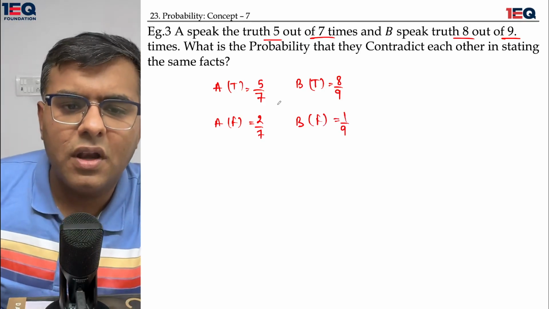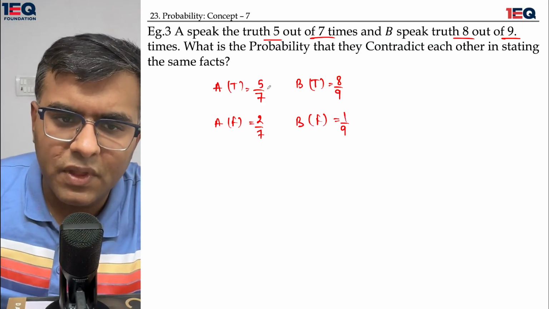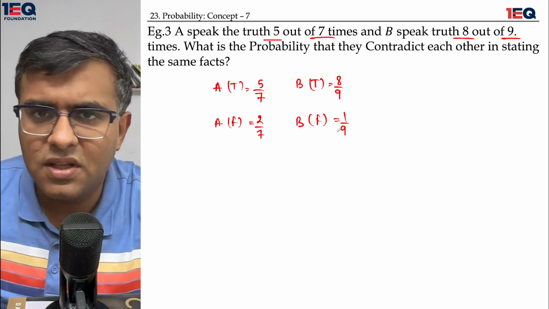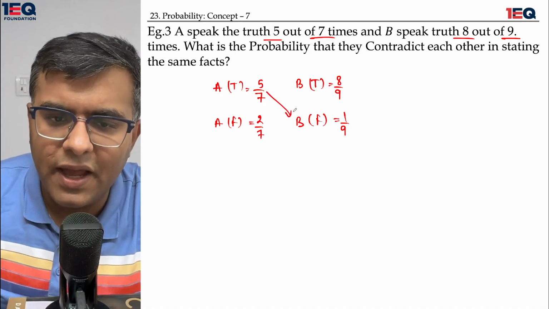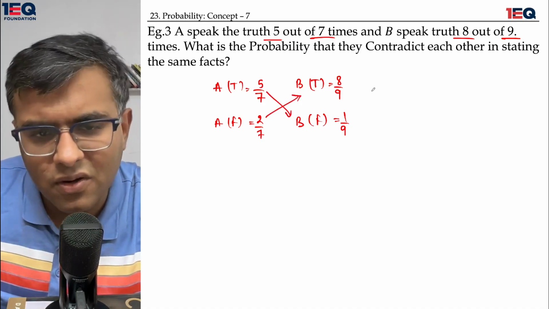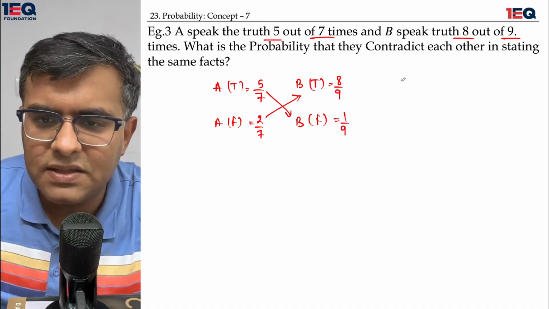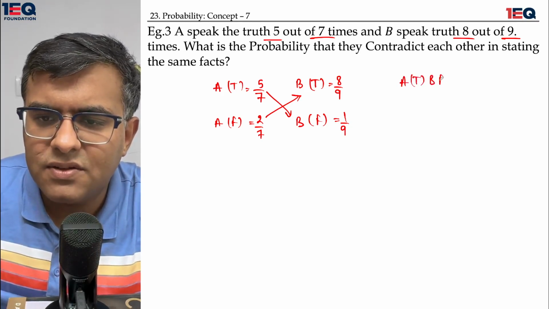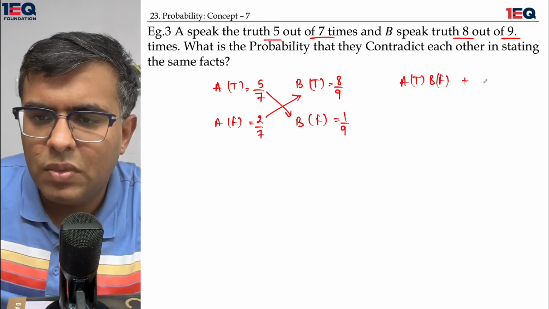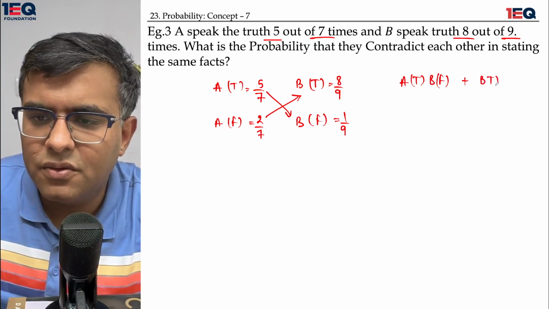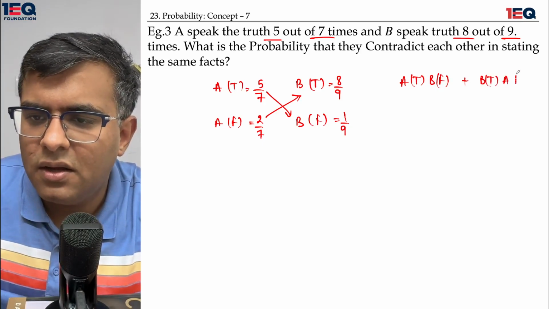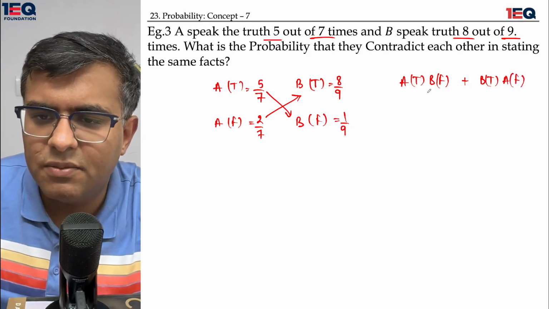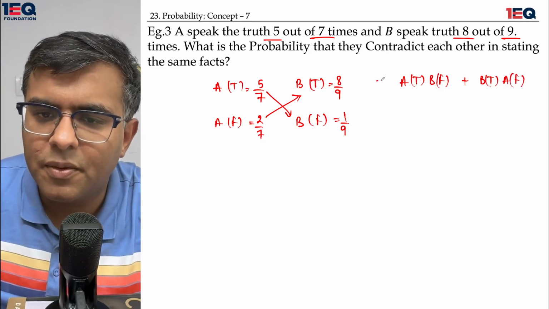Good enough. Now I need to contradict both of them. So one of them has to tell the truth, the other one has to tell a lie. Okay? So I'll simply be cross multiplying things because my answer is nothing but A telling truth and B telling lies, plus B telling truth and A telling lies. These would be multiplied in the middle and added up.